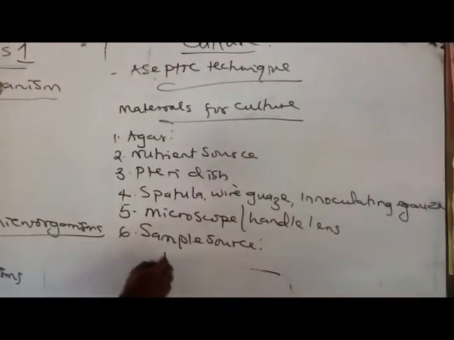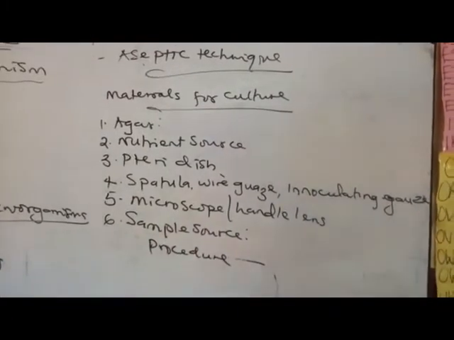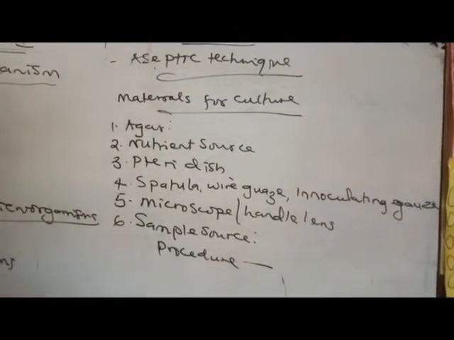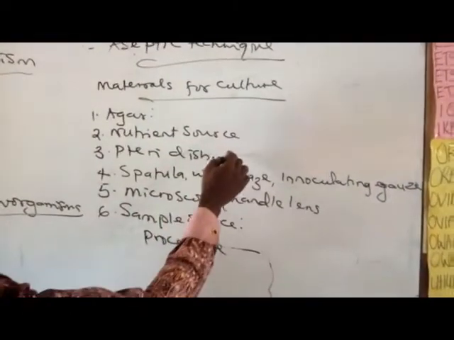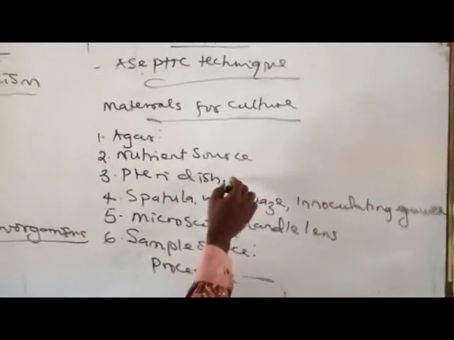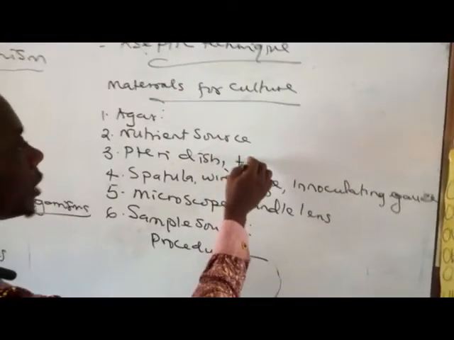What are the procedures? It's interesting to show you that for people who do not have a Petri dish, if you don't have a Petri dish, you can make use of a test tube.